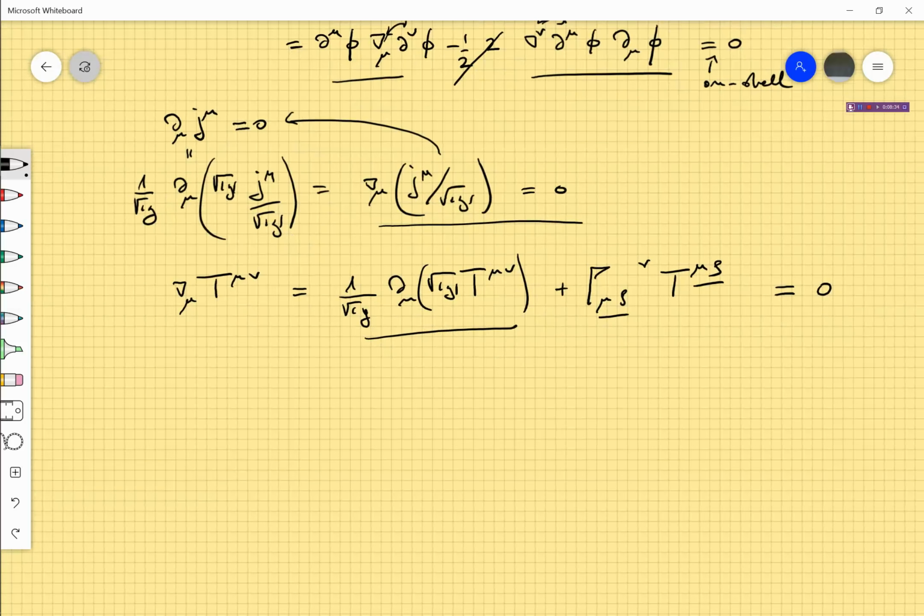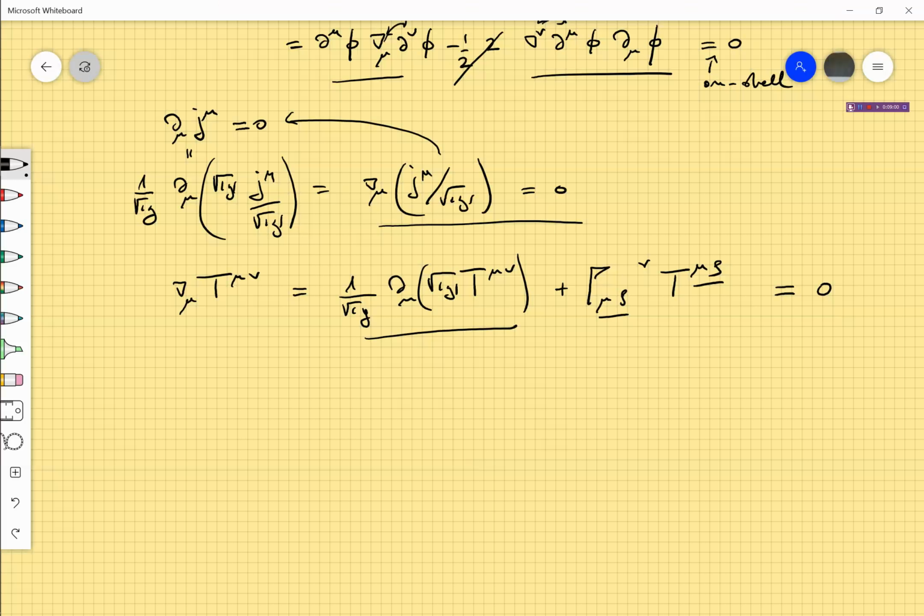And in fact, we have no reason to expect that the energy momentum tensor of matter is conserved by itself, because the matter which is described by this energy momentum tensor, whether it is fundamental fields or something else, is coupled to the gravitational field.